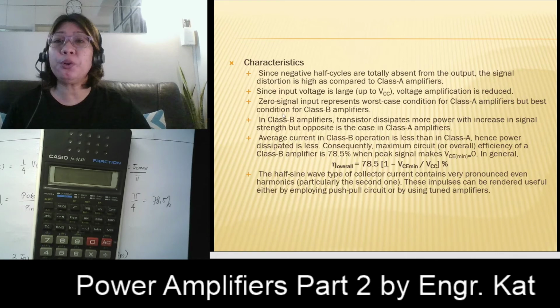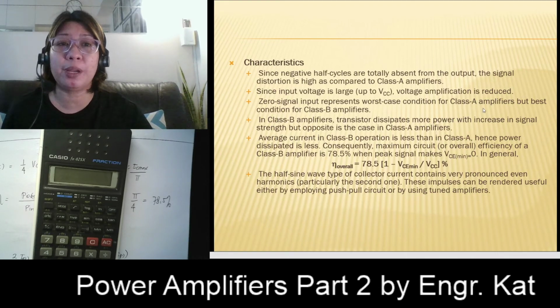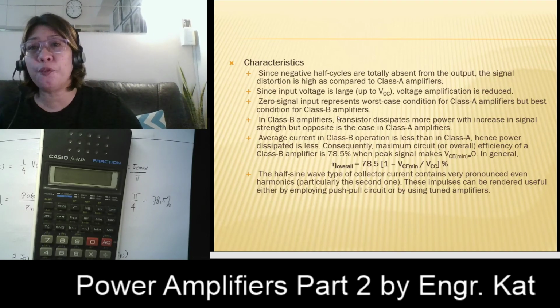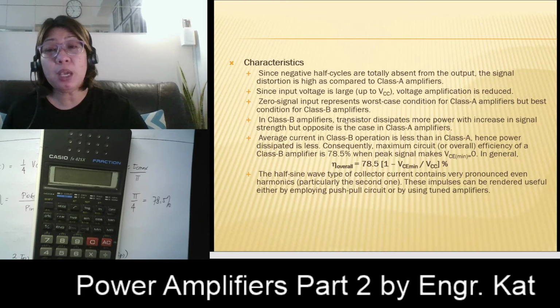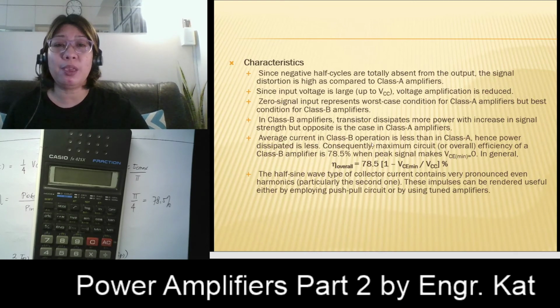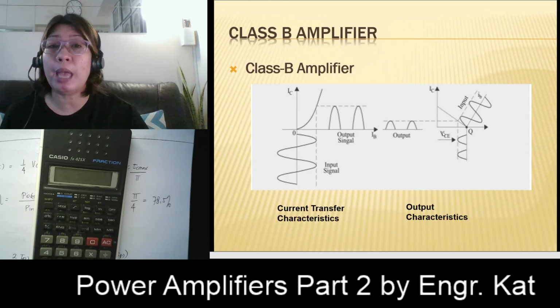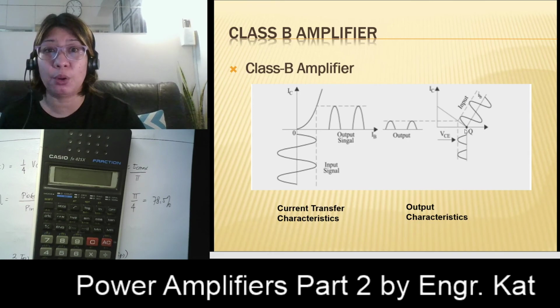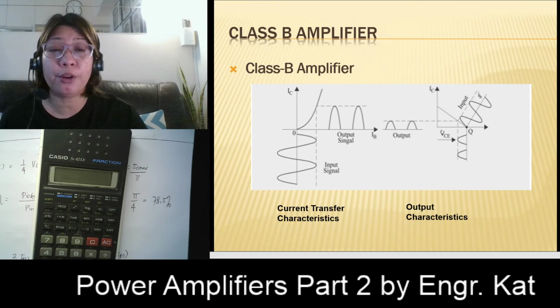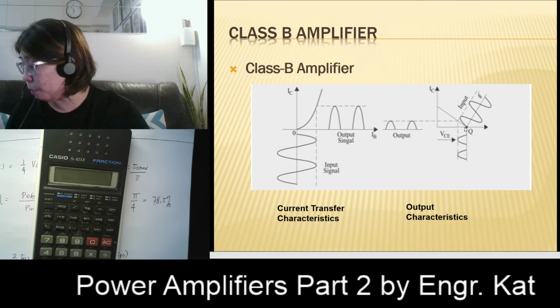Okay, so zero signal input represents the worst case condition for Class A amplifiers, but it is the best condition for Class B amplifiers, because when our input signal is zero, we don't have a DC current. Okay, so our current here is equal to zero at zero input condition.